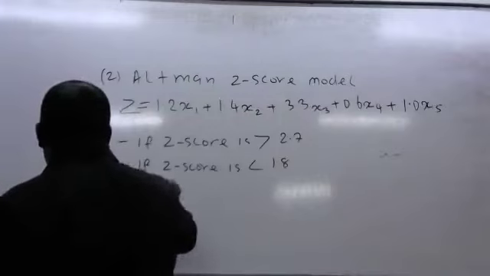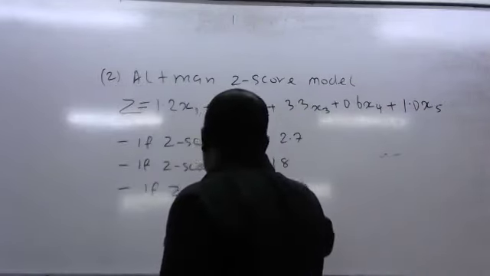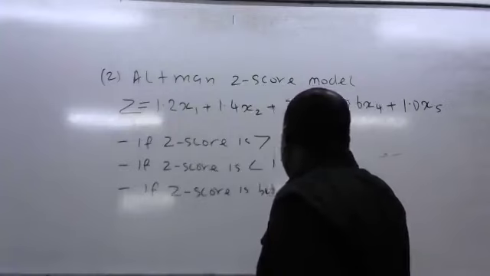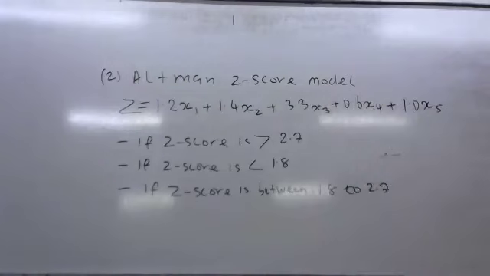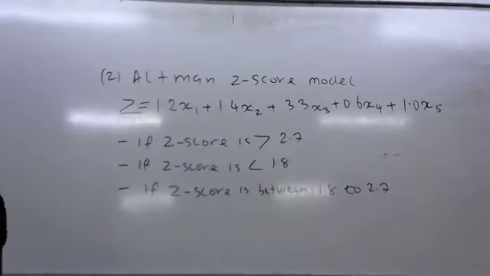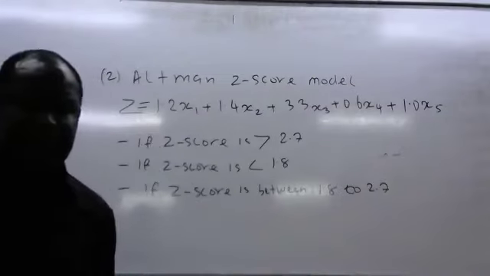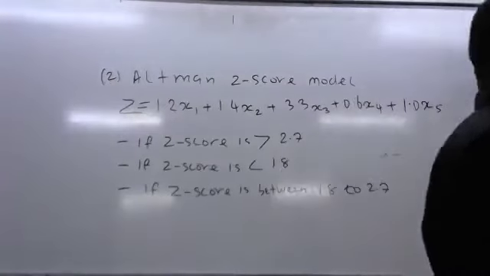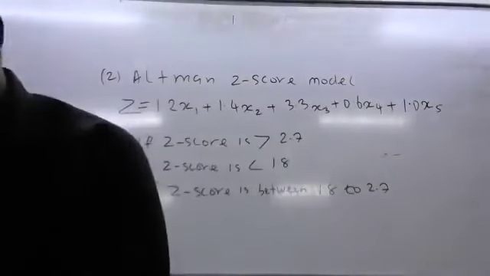The next dash is that if the Z score is between 1.8 to 2.7, then it indicates 50% chance of success and 50% chance of failure.